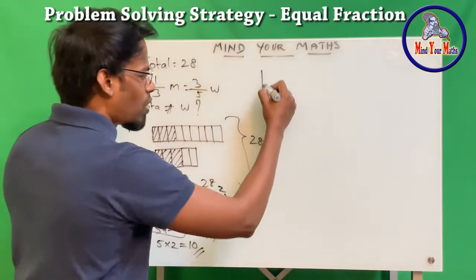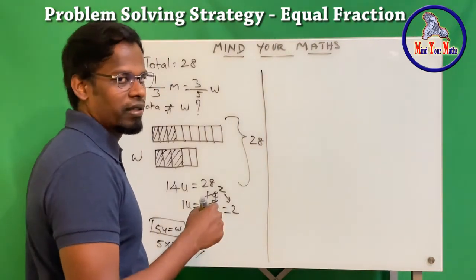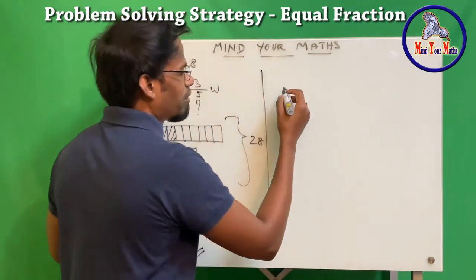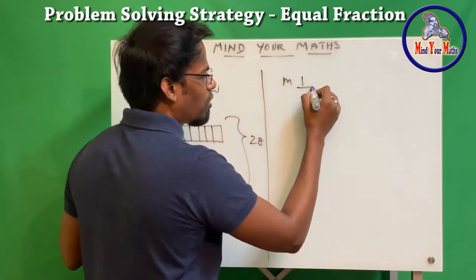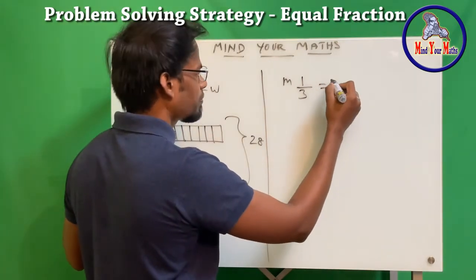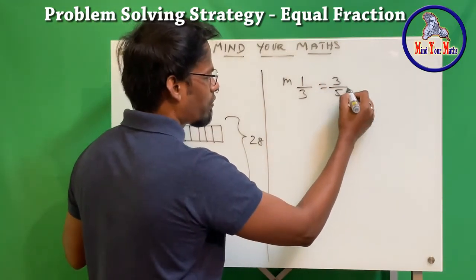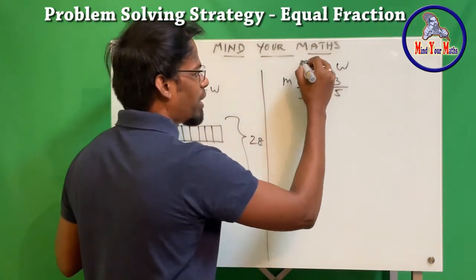So this is the model diagram. Model method. Let's solve using the units method. So in the units method, men, 1 over 3 equals 3 over 5. So in the problem, this is women's side, this is men's side.